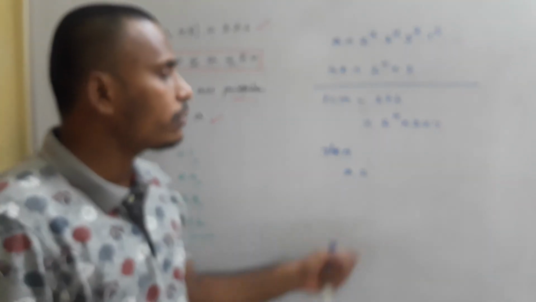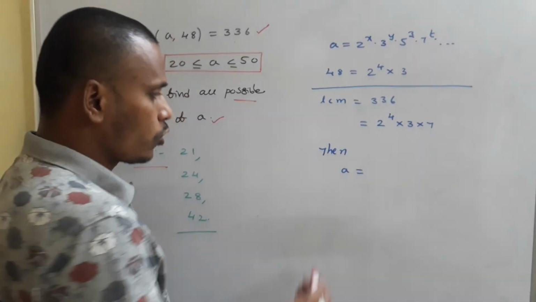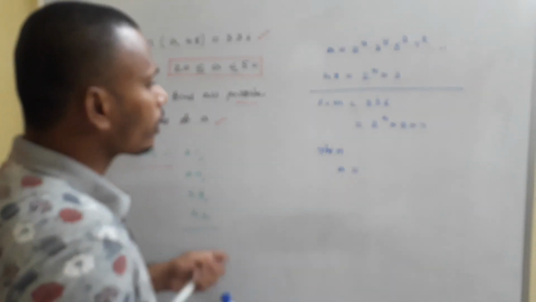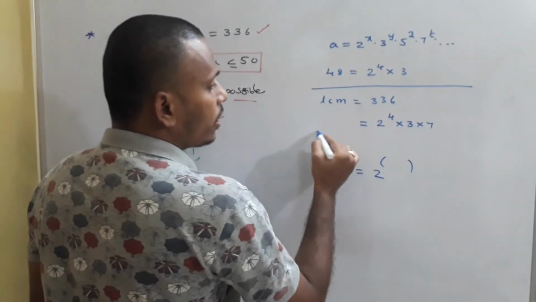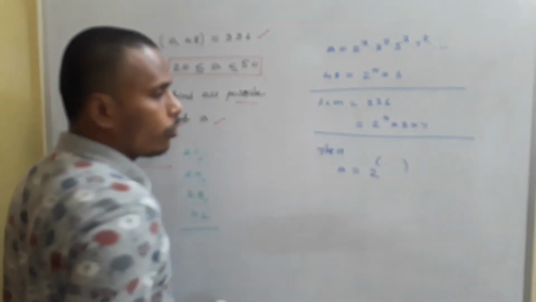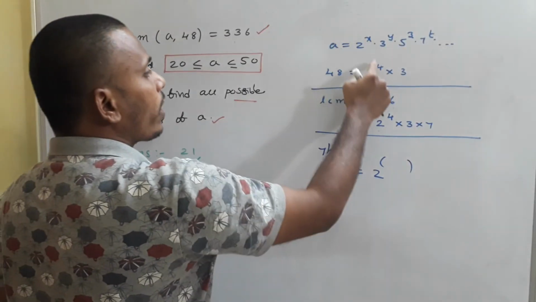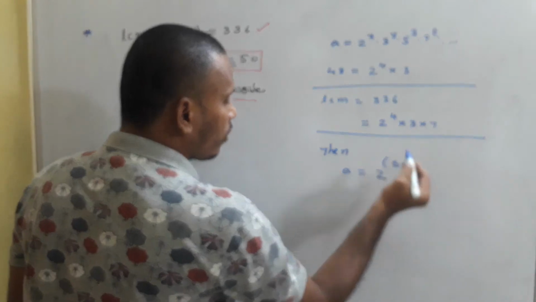See, for LCM, always we need to write the maximum value in the power. So what is A? 2 power x, since in the result of LCM the 2 power is 4, the maximum value of x and 4 is 4. Since the maximum value of x and 4 is 4, this x may be any number which is less than or equals to 4.